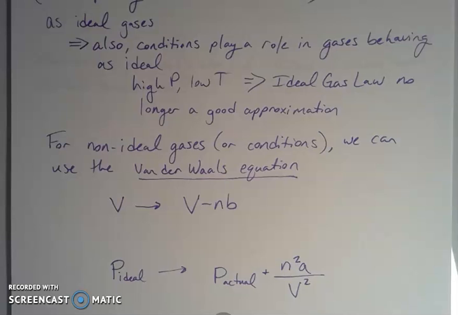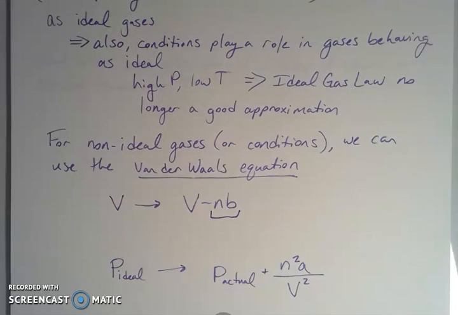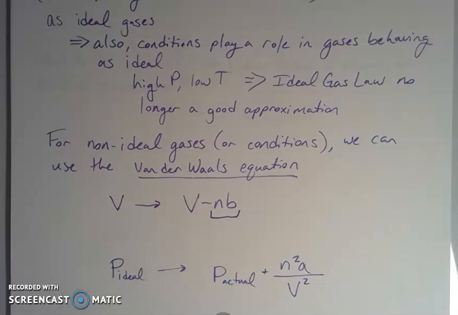But really, in van der Waals situations, when we have these non-ideal situations, we have to factor in a term that takes into account how many particles there are, and some constant that's related to that particular gas, whatever the identity is. So this nb term is the number of moles times a constant that is associated with that particular molecule, and this accounts for the difference in the volume of the particles. So this is our new term for volume.